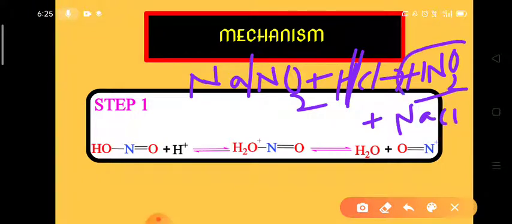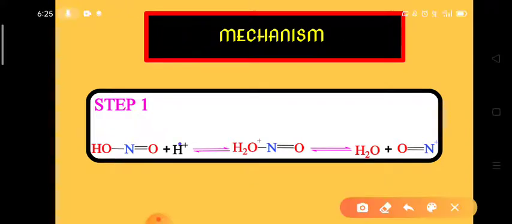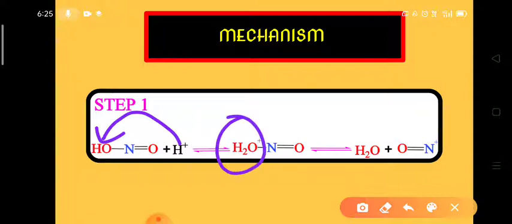This nitrous acid formed here undergoes protonation by the H plus ions given by the hydrochloric acid. These H plus ions attack on the hydroxyl group of the nitrous acid and convert it into the oxonium ion.